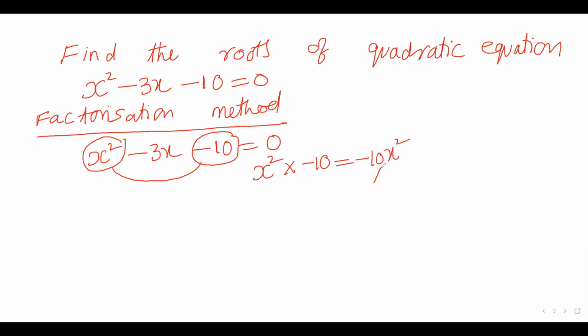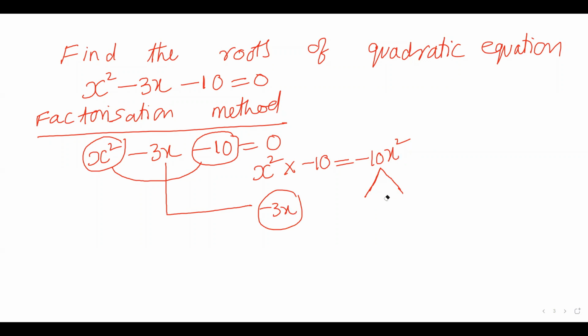You should split this in such a way that when you simplify, you should get minus 3x. And when you multiply, you should get this minus 10x square.